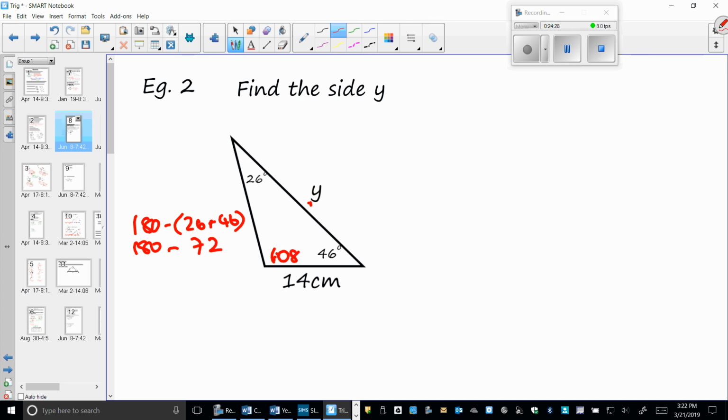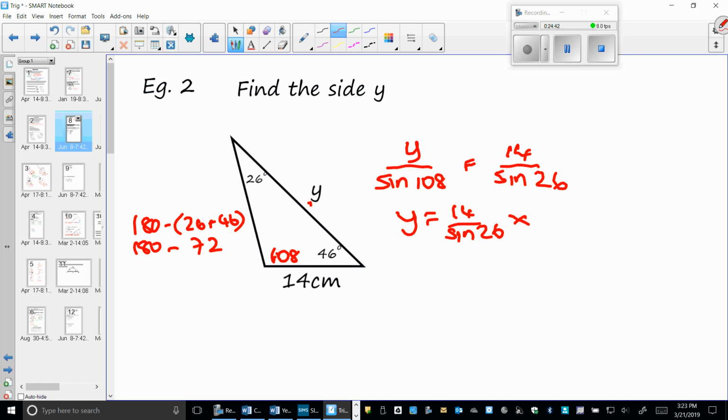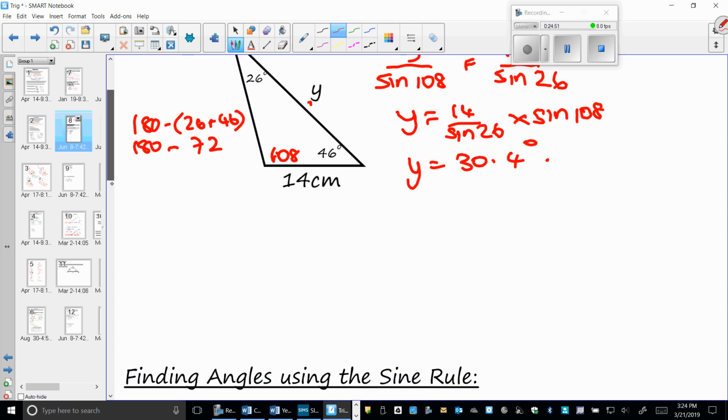So we know that angle is now 108. We can now go back to y over sine 108 equals 14 over sine 26. Okay, so we get 30.4.